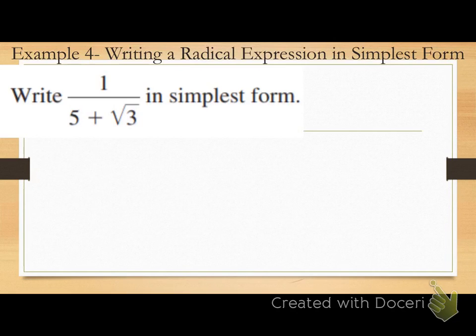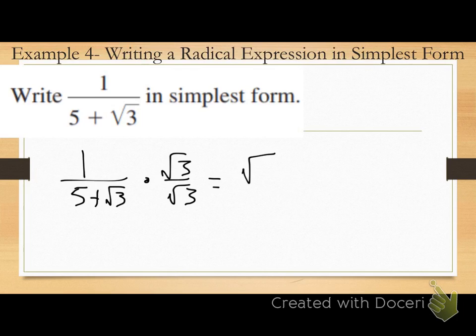Usually, if we have a square root in the denominator, what would we multiply top and bottom by? In this case, square root of 3, right? So up top I'd get the square root of 3. Down here I have this expression that I would have to distribute the square root of 3 to.